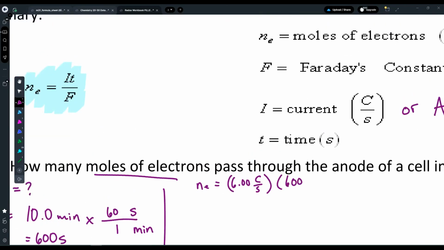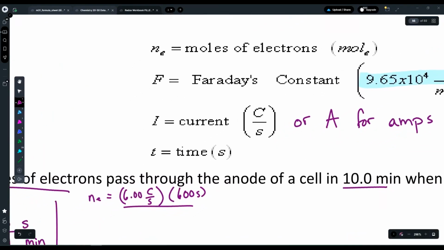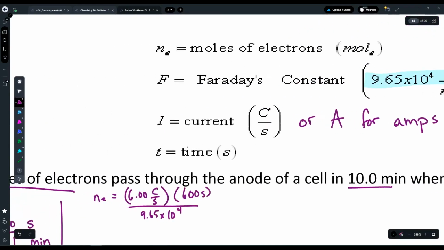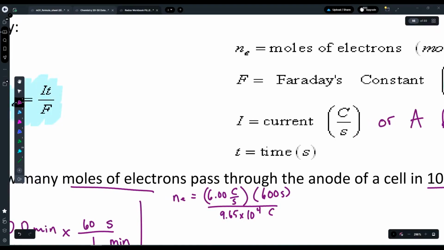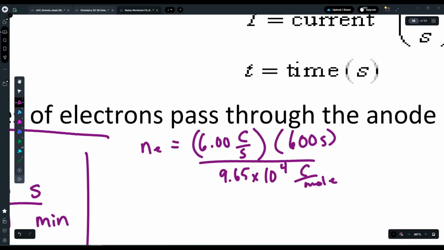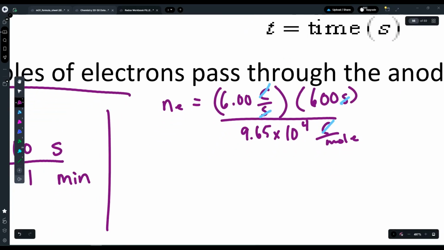Time, that's 600 seconds, divided by Faraday's constant, so that's 9.65 times 10 to the power of 4, and the units are coulombs per mole of electrons. Okay, so coulombs is on the top and the bottom, so they cancel out. Same with seconds, and what we're left with is moles of electrons here.